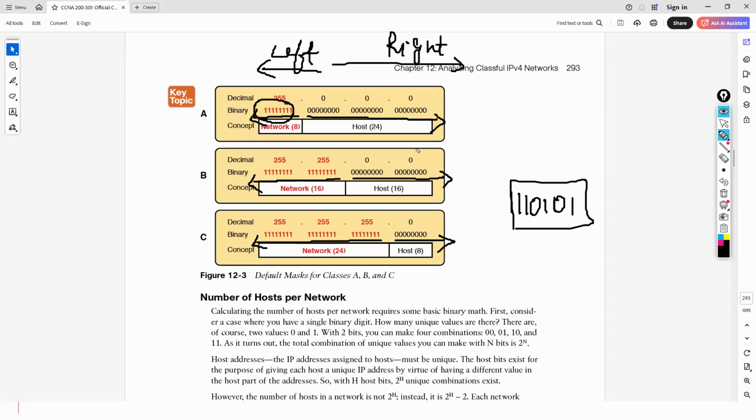So the condition for a networking device to find out which is a network part is that every number in the network part should be 1 and every number in the host part should be 0. That is how a networking device finds out the network portion and the host portion in an IP address.